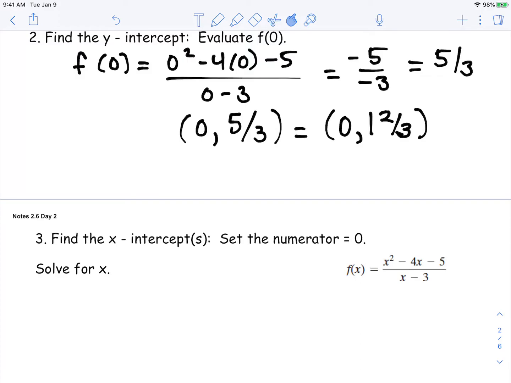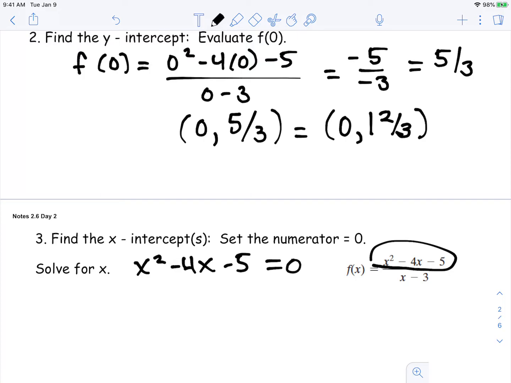To find the x-intercepts, we're going to set that numerator equal to 0 and solve for x. So we're going to factor it. What are the factors of negative 5 that add to negative 4? And that's negative 5 and positive 1.